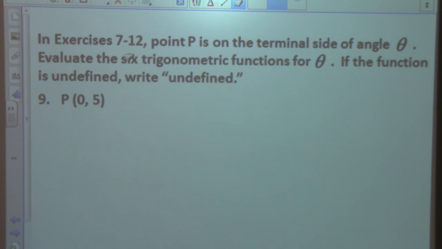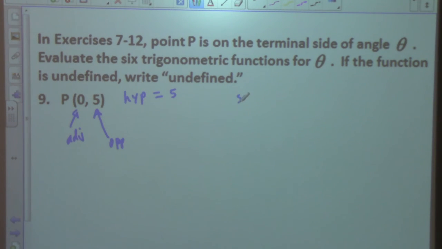So just to refresh what we were working with yesterday, this one here is your adjacent, and this one here is your opposite. And since you have an adjacent of 0, your hypotenuse is going to be the square root of 0 squared plus 5 squared, which is 5.